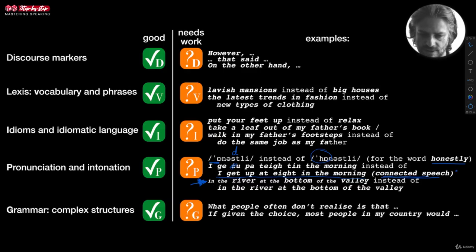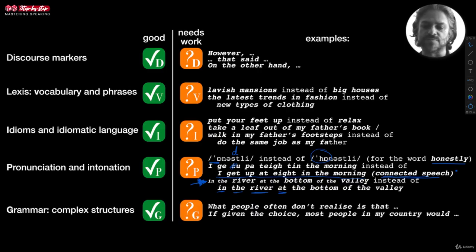So this is what I'm talking about. If you're from Spain, especially European Spanish, it's in the river at the bottom of the valley. This is equal weighting for each syllable in your language. But in English, it becomes like this: in the river at the bottom of the valley. And you can clap along.